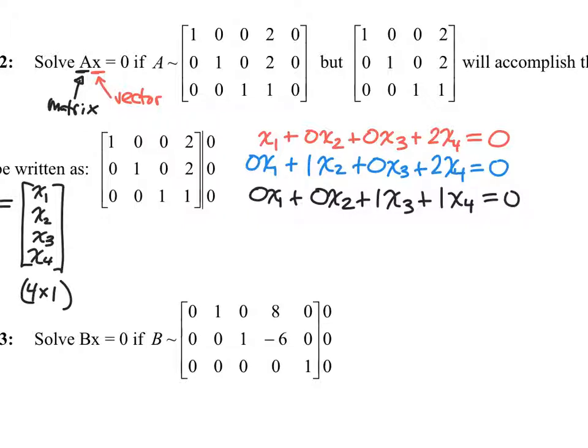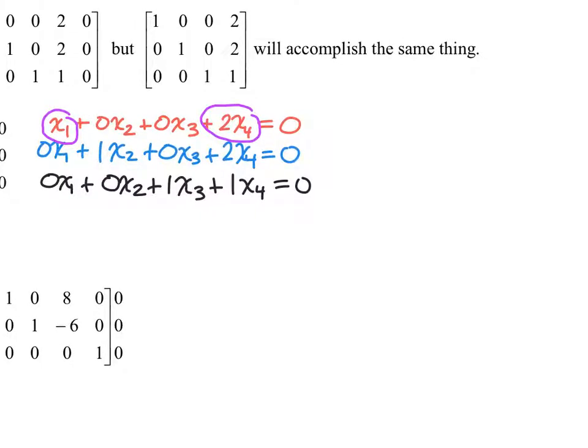So I'm just going to go through and circle, in the first one anyway, the two relevant values. And you can see here that I can define my solution to the equation, x1 in terms of x4, just by subtracting from both sides, so negative 2x4.